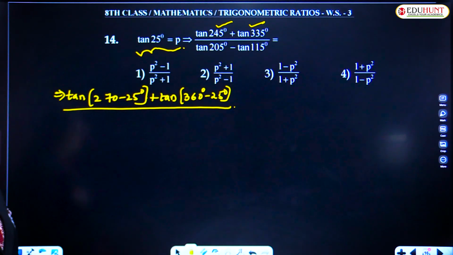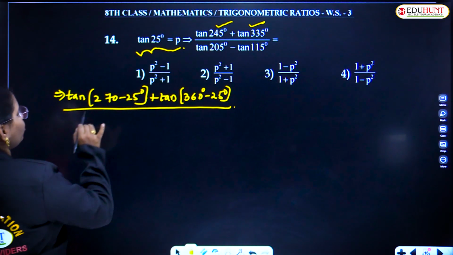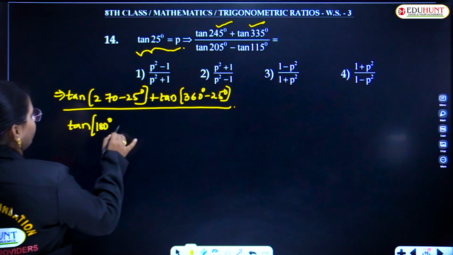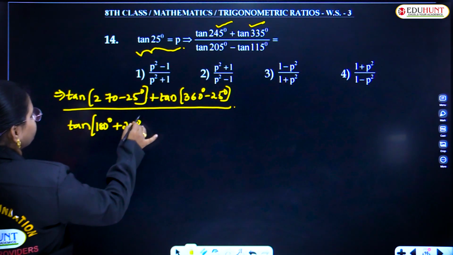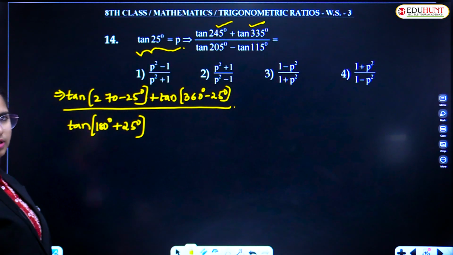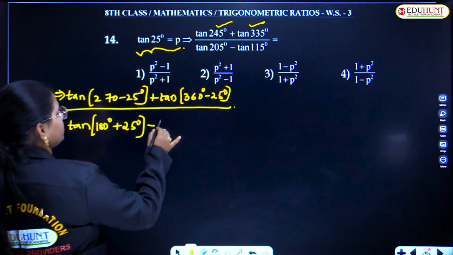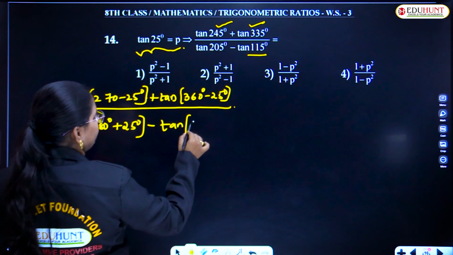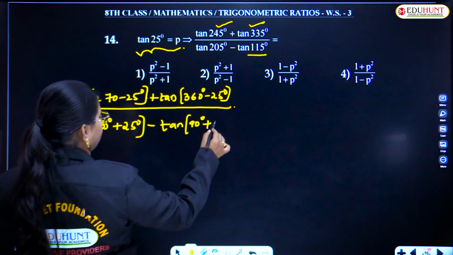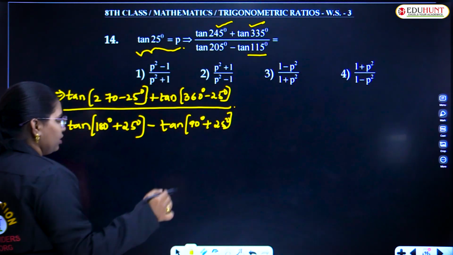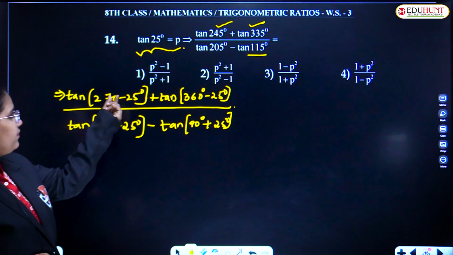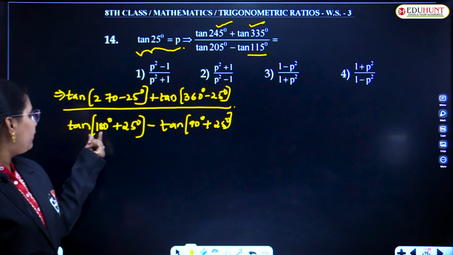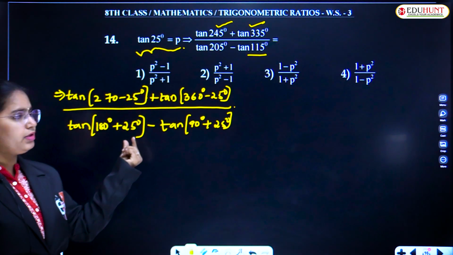Divided by tan 205, the closest allied angle is 180 degree, so 180 degree plus 25. Yes or no? Next, minus tan 115 is also closer to 90 degree, so 90 degree plus 25 degree. I repeat again: 270 minus 25, 360 minus 25 is 335, 180 plus 25 is 205.